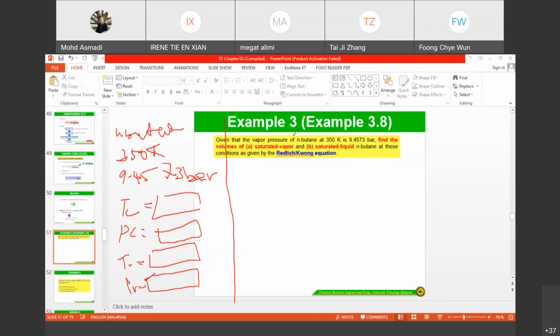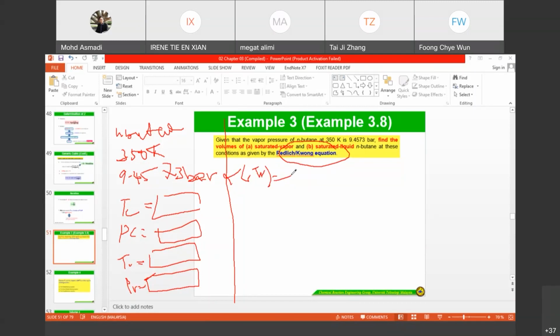Since it's stated that you have to use the Redlich-Kwong equation, please refer to Table 3.1. What is the value of alpha TR? If you don't have any textbook, you can just Google. You can find it from the website or from Google images. Just write thermodynamic properties, I think.